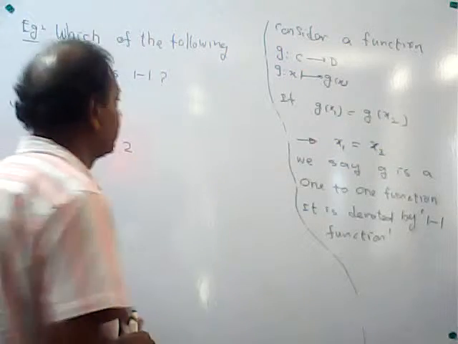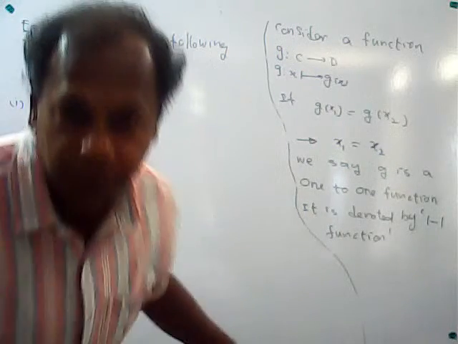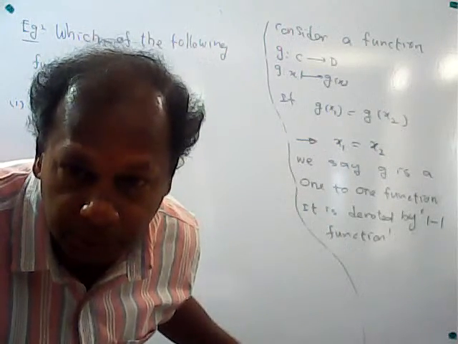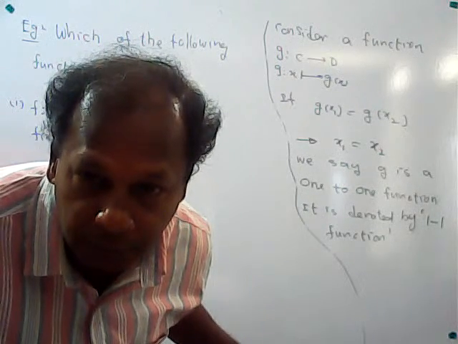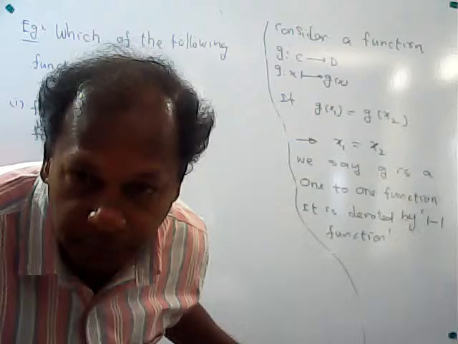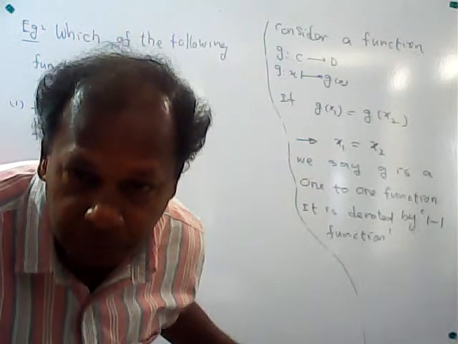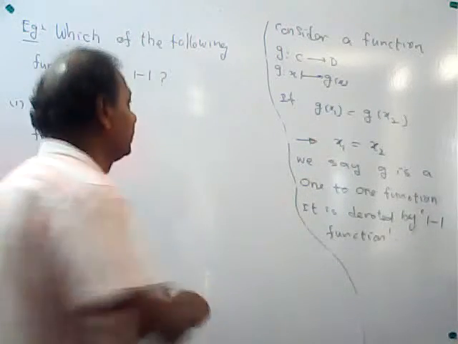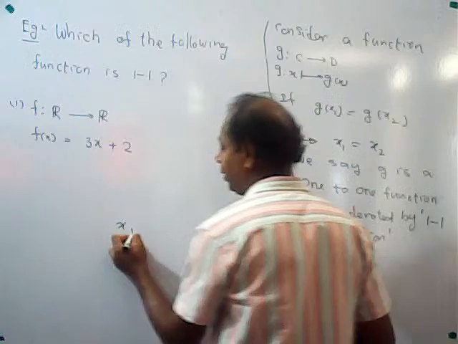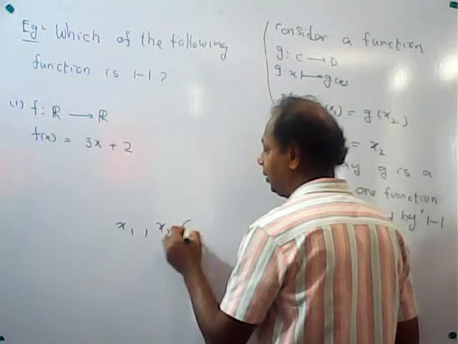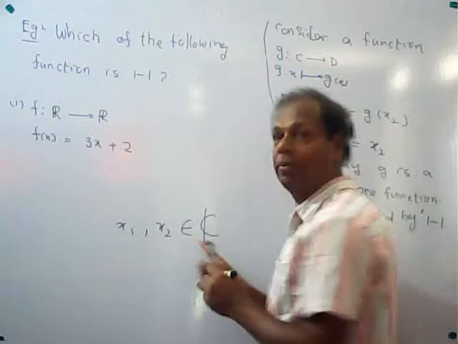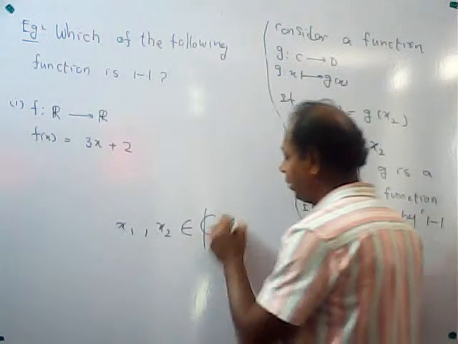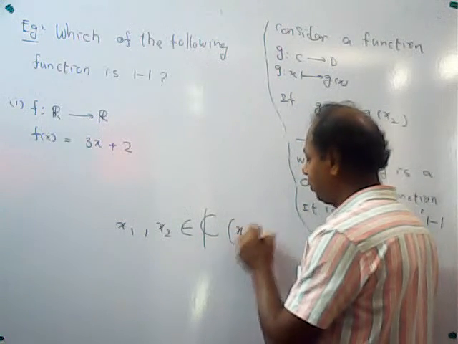Erase that part. Give me a minute. x1, x2 belongs to C. C is the domain of g, and within brackets I wrote x1 not equal to x2.